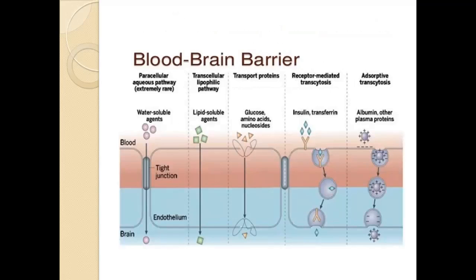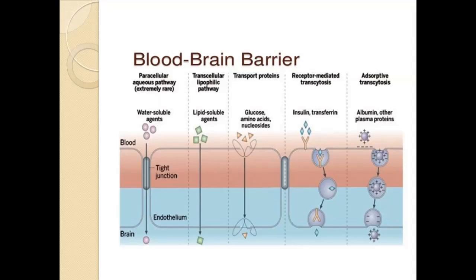Here we see the image of the blood-brain barrier. You can see there are tight junctions and only water-soluble agents are crossing from the blood-brain barrier into the brain, whereas in the transcellular or lipophilic pathway, lipid-soluble agents easily cross the blood-brain barrier.